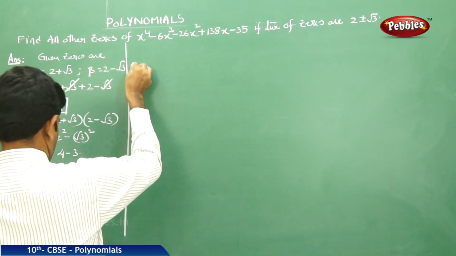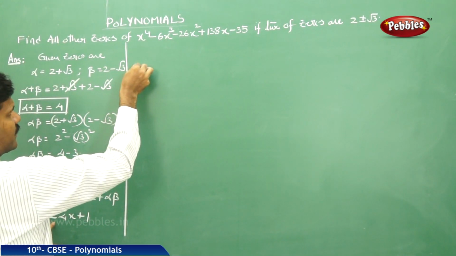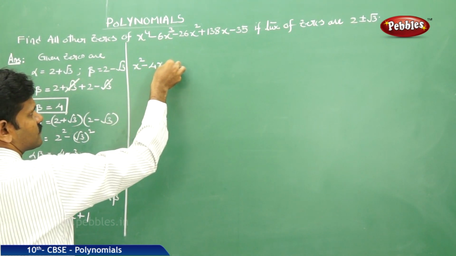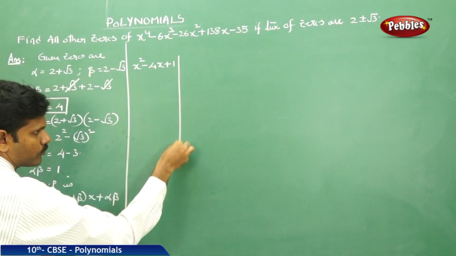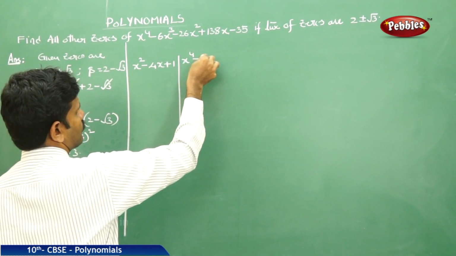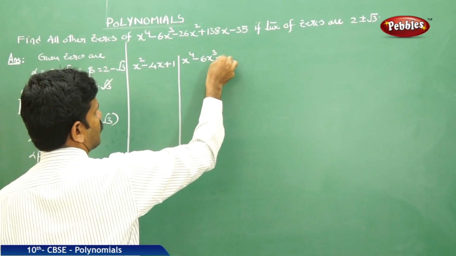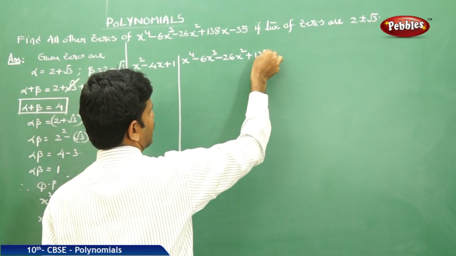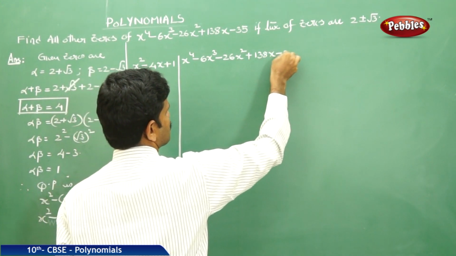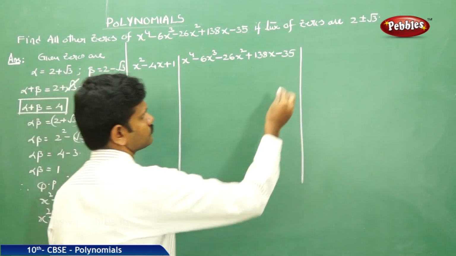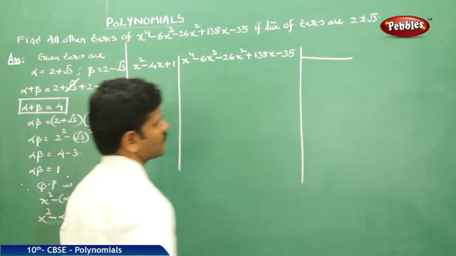Now your divisor is x square minus 4x plus 1, and the dividend is x to the power 4 minus 6x cube minus 26x square plus 138x minus 35. There is the answer part.